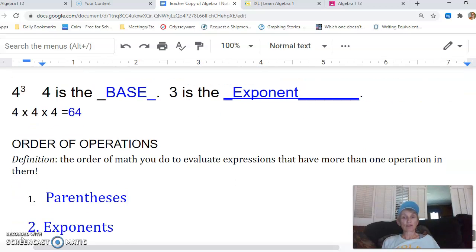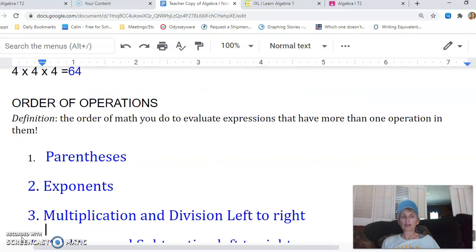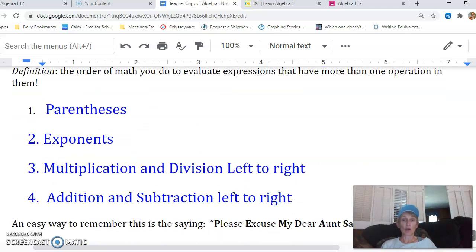Order of operations, again, I hope you remember, and if we did not have order of operations, we could get more than one answer for the same question. And one of the reasons I love math is the consistency of it, and so we don't want to do that.